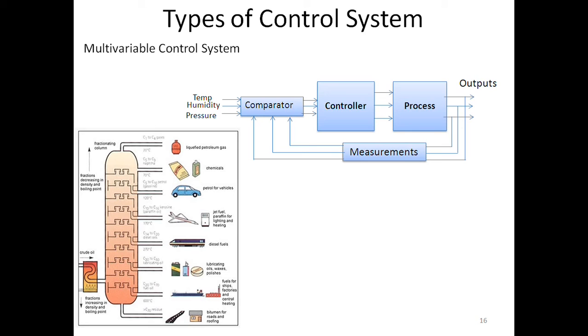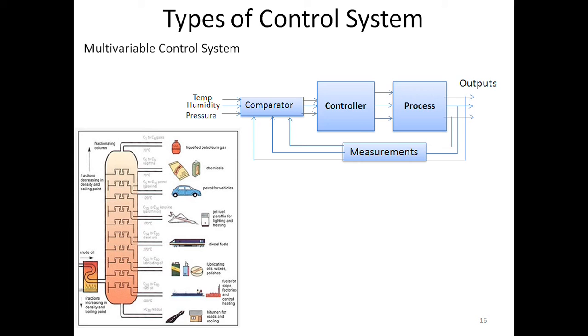Then we compare all the outputs with the input quantities. We get different errors for different parameters that are fed to the controller, and the controller takes proper action on the manipulated variables, and those variables are provided to the process. A simple chemical example is the oil industry.